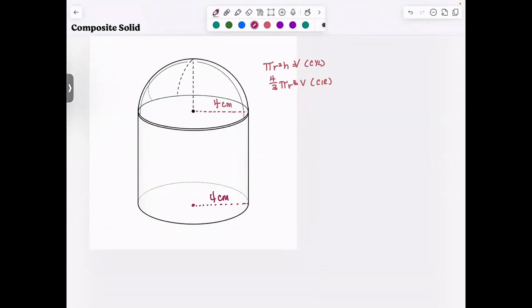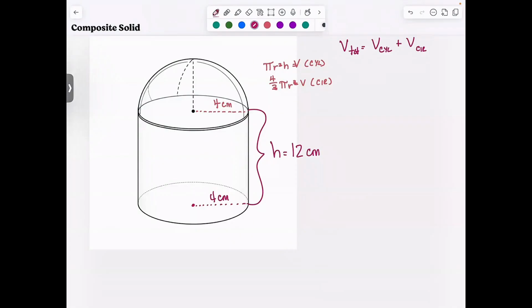So let's start off here. I need to give a height, don't I? We'll say height is 12 centimeters. If I start with the volume of the cylinder, we know ultimately that volume total equals volume of cylinder plus volume of our semicircular solid.